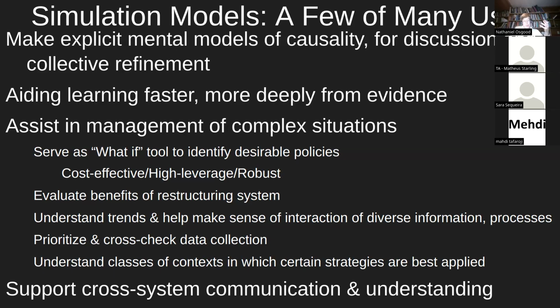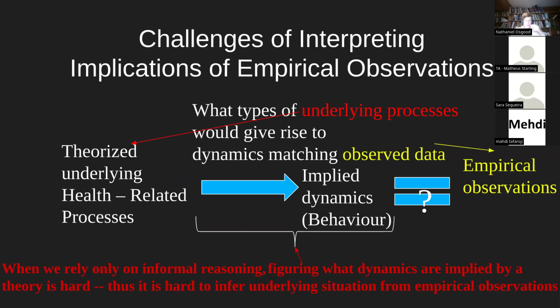And it can help us understand the contexts in which different strategies are best applied, and how to translate from one context to another. And it can support cross-system work, say across corrections and policing, social services, and health and health care, public health and health care as it relates to homelessness or substance use, across these different systems.